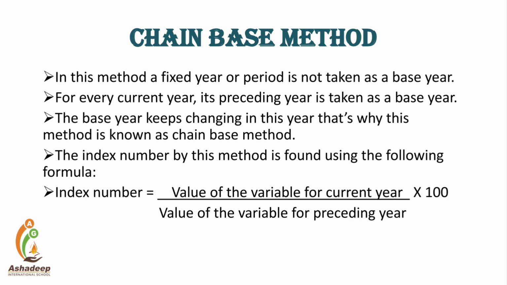In short, we can write this formula as I is equal to P1 upon P0 multiply 100, where P1 represents the value of the variable for the current year and P0 represents the value of the variable for the preceding year. So this is the basic formula of the chain based method. Now we will understand how this formula helps us find the index number in some practical sums.